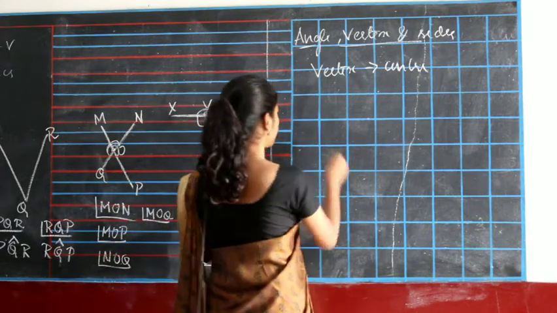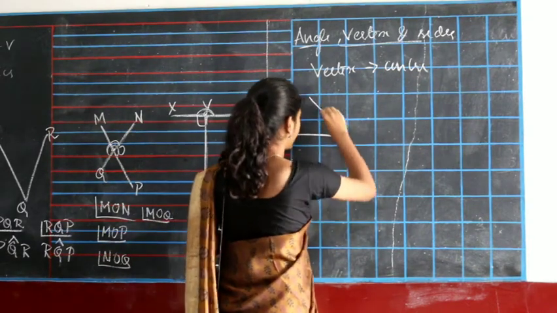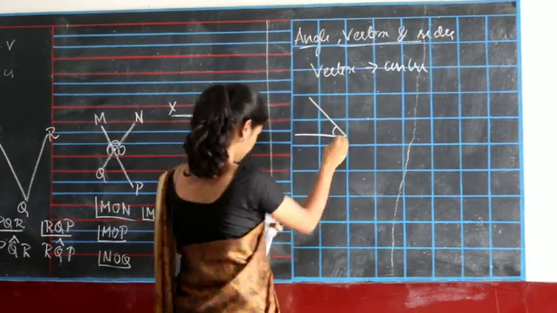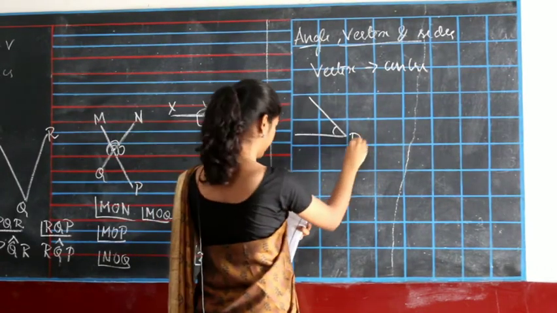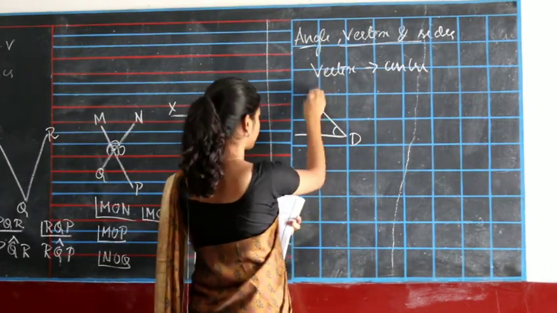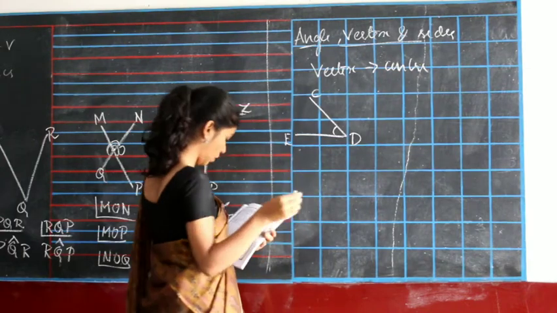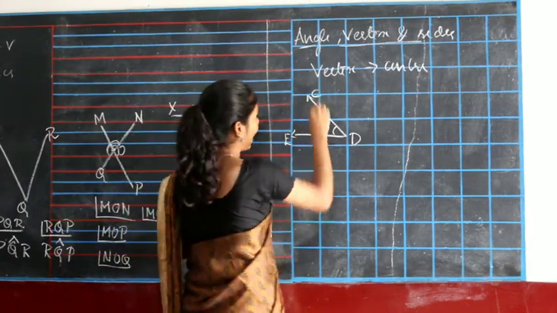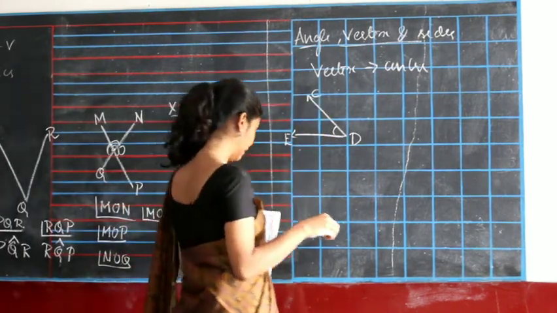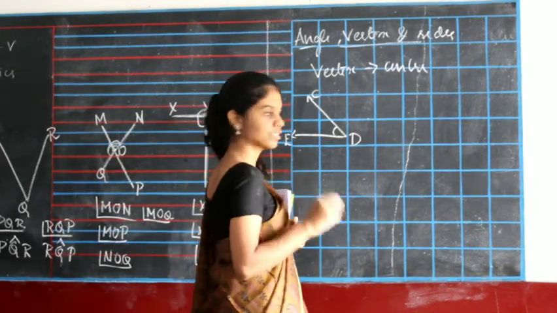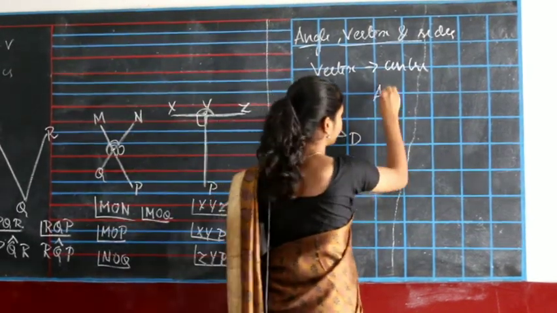Okay. So now first one, they have given an angle D, C and E. Okay. Now we are going to write angle for this and then center and then sides. Okay. First one, angle.